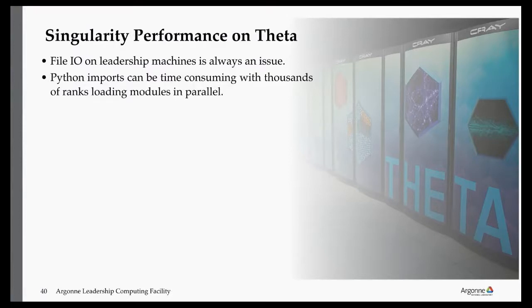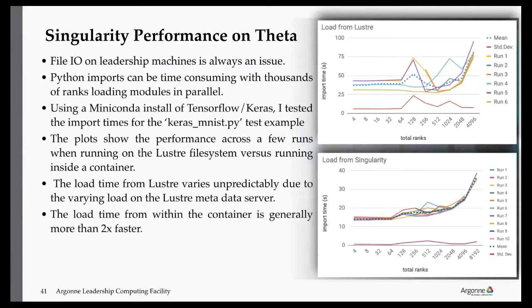In high energy physics, we do this where we spread out our codes over many shared libraries. So any of these cases where you have dynamically loaded libraries, lots of them, lots of Python imports, lots of fstats on your file system, Singularity can actually improve your performance for metadata style activities.